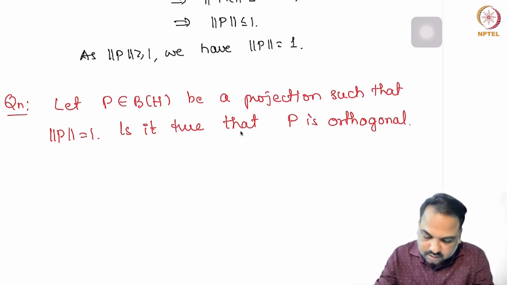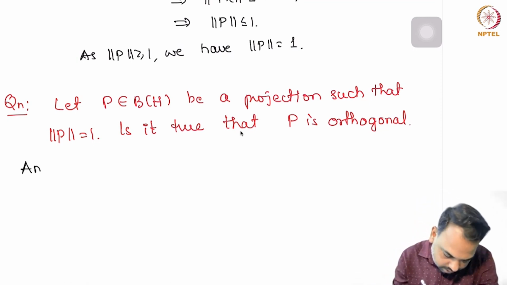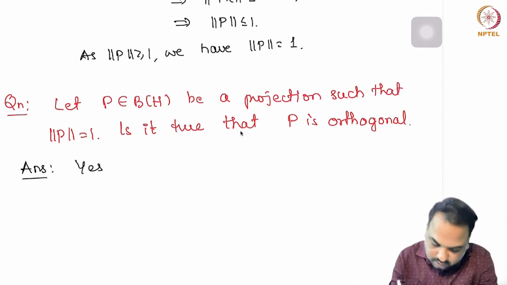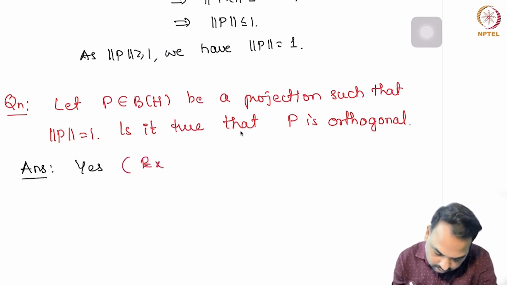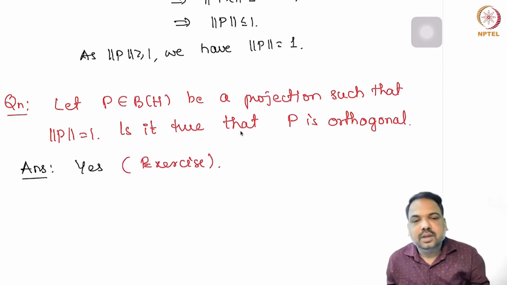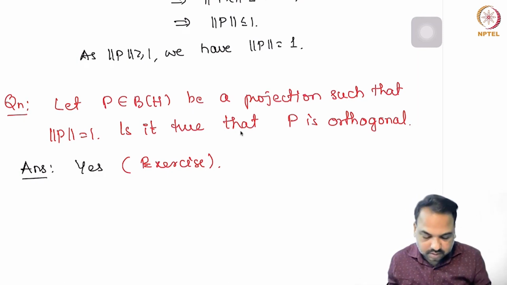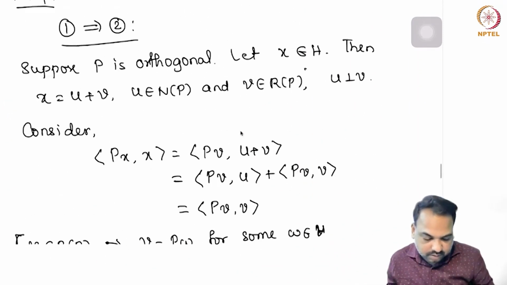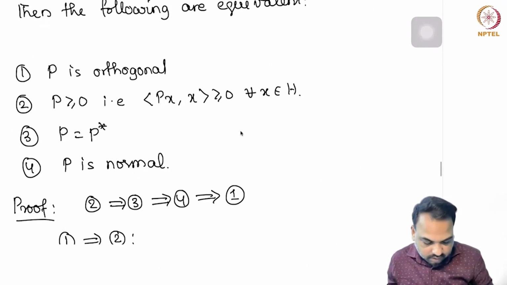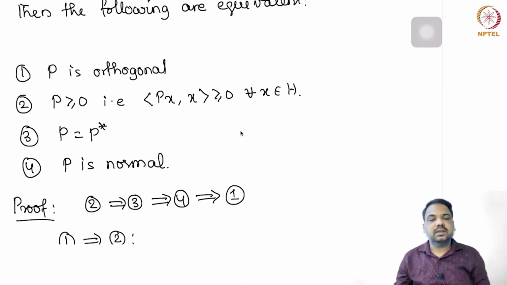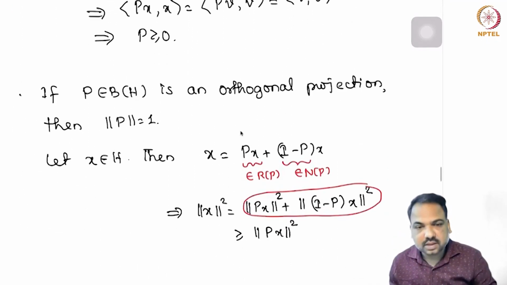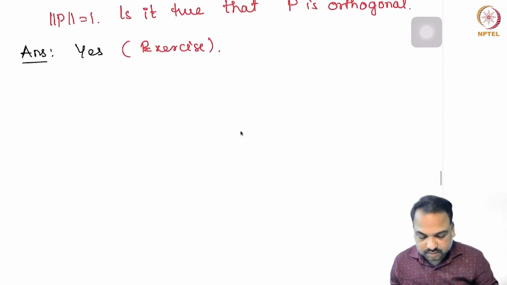In fact, the answer is yes. So I suggest you to work out the details. That means this is also one of the characterizations for an orthogonal projection. So we have given earlier 3 characterizations. Now this is the 4th characterization of an orthogonal projection.